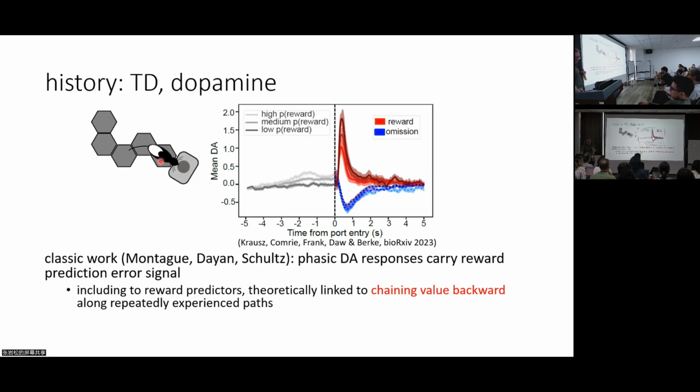But the other thing that it's supposed to do, and again, I think now we'll show you this, is chain backwards. So if I run from here to here, I get reward, and that lets me assign value to locations on the maze here, and the next time when I run from here to here, you can get some dopamine there, and that will help you chain value further backward along the path and so on.